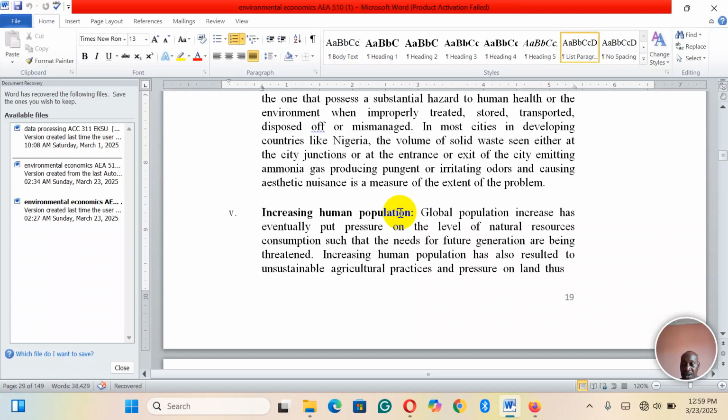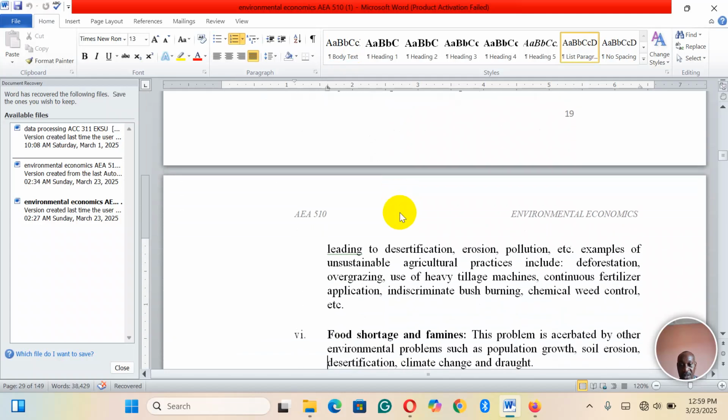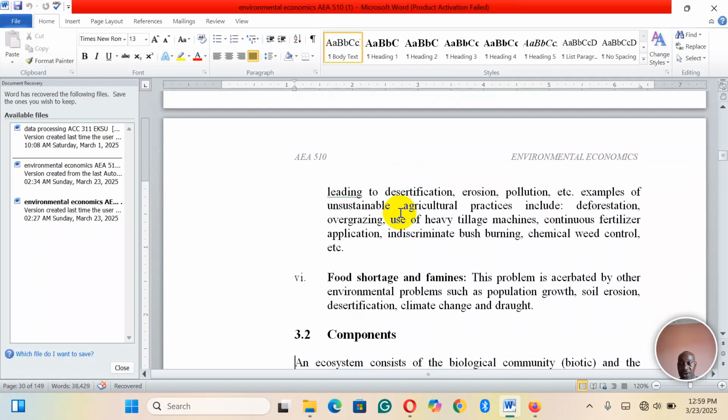Increasing human population has also resulted in unsustainable agricultural practices and pressure on land, thus leading to desertification, erosion, and pollution. Examples of unsustainable agricultural practices include deforestation, overgrazing, use of heavy tillage machines, continuous fertilizer application, indiscriminate bush burning, chemical weed control, etc.